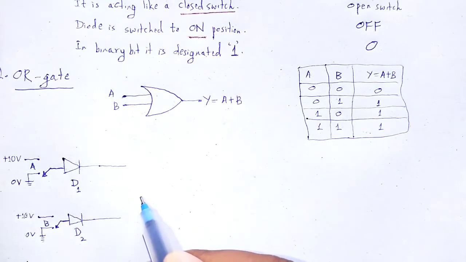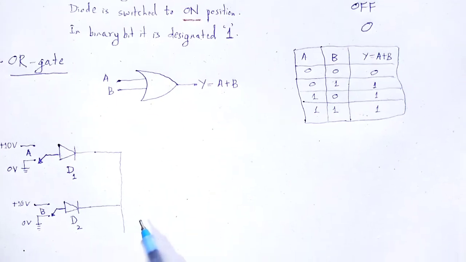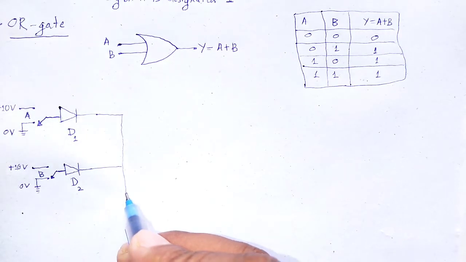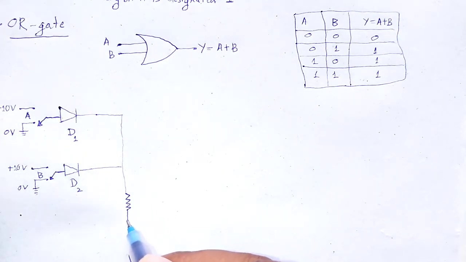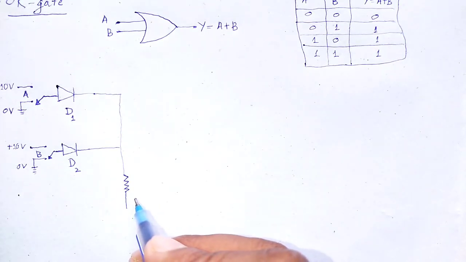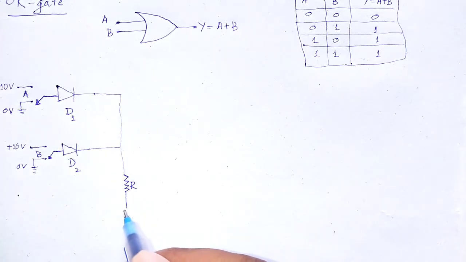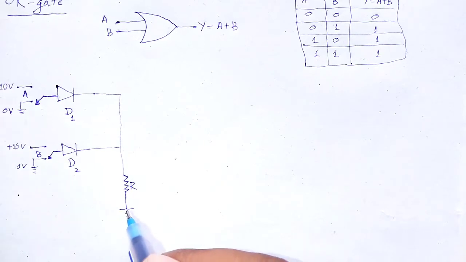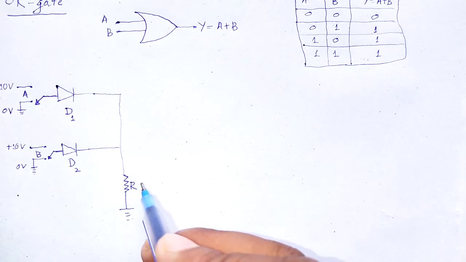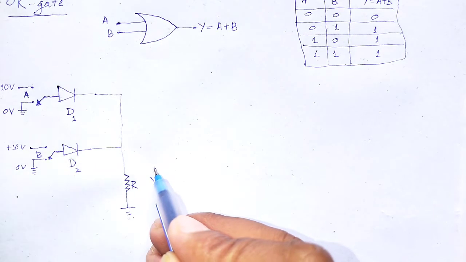When these two are connected across a resistor R, it is grounded, and the voltage across that resistor is taken as V output.